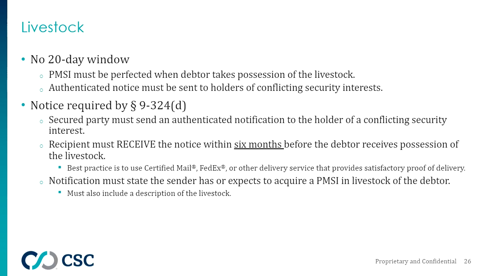But the notice is only good for 6 months. That's because, I think, the livestock have a shelf life before they get converted into something else. So something to bear in mind is that it's very similar to a purchase money security interest in inventory. It's just that the effective period of the notice changes. It's much shorter, only 6 months.